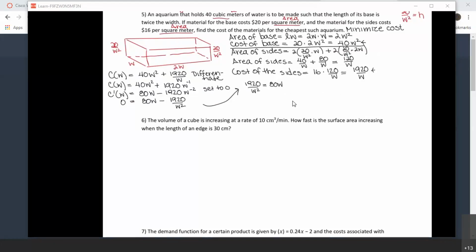Divide by 80? I'd rather get rid of my denominator first. How would I get rid of W squared in the denominator?